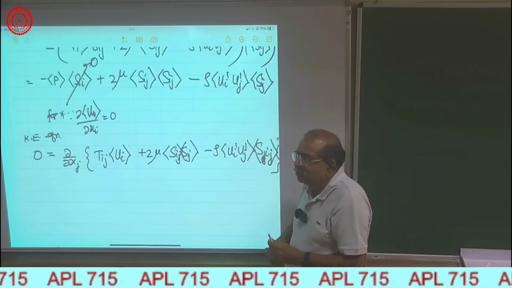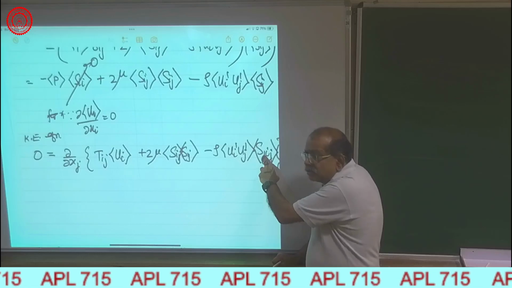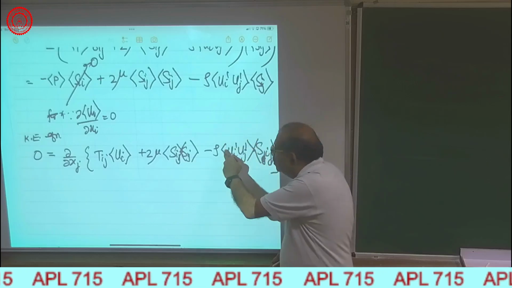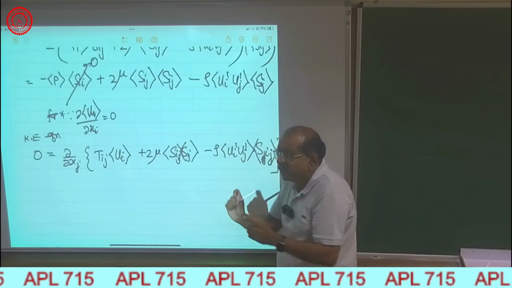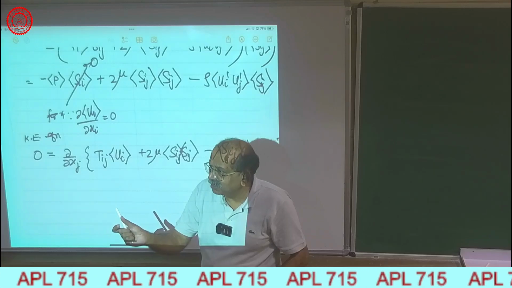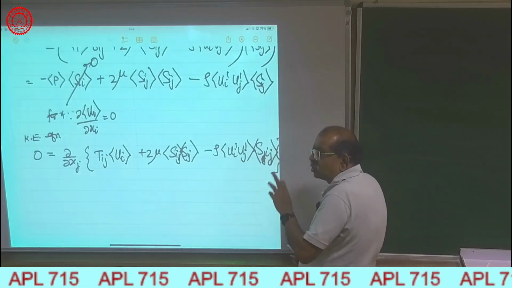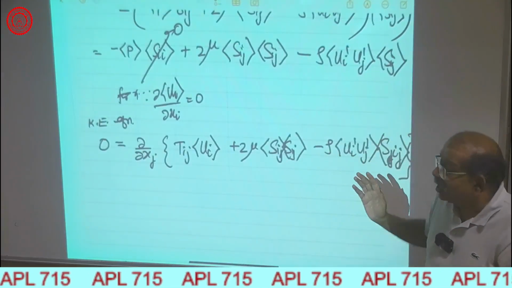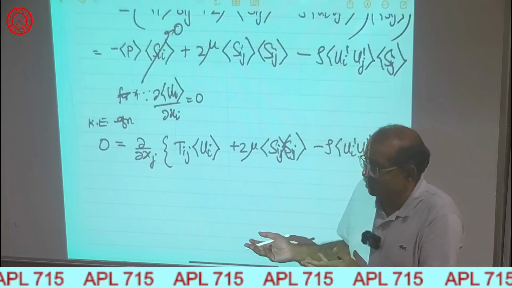This term represents how the mean velocity gradient is getting converted into Reynolds stresses. This is an interaction between Reynolds stress and the mean velocity gradient. This is the mean velocity, this is the Reynolds stress. So this is the only term which tells you how turbulence is interacting with the mean flow.